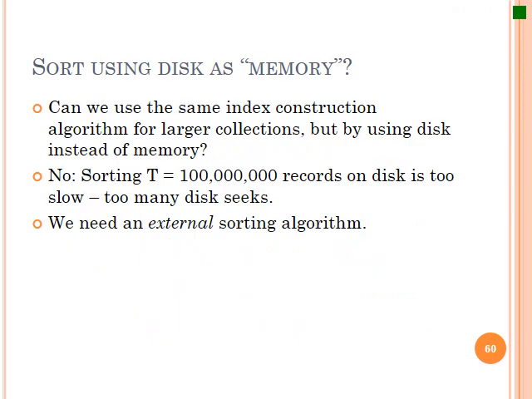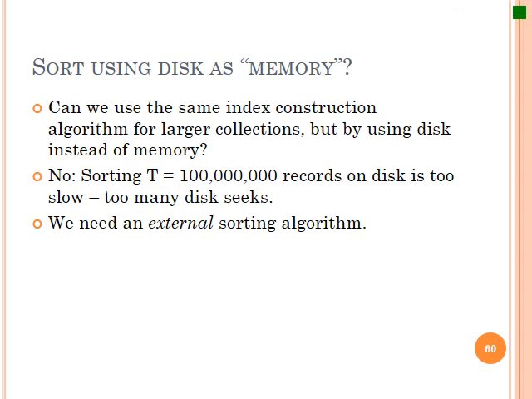So how do we store the index on disk? Can we sort data on disk like in memory? Well, it's not so trivial to do that. We can use the same index construction algorithm for large collections, but by using the disk instead of memory.